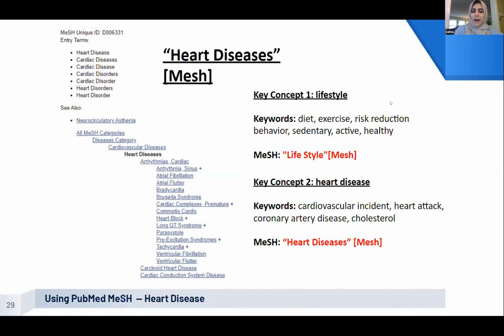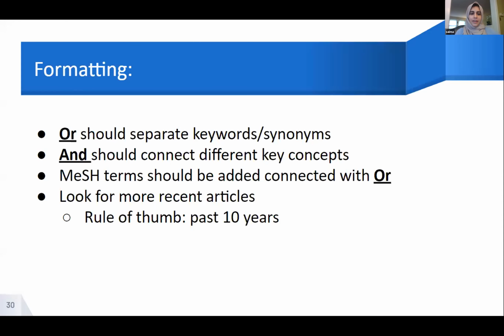Now, just to summarize what you'd have: your key concept, the keywords that you came up with, and then the MeSH for that word, which will come from PubMed. You'd want to put that together and build your search, formatting it properly. You need to use OR to separate keywords and synonyms.